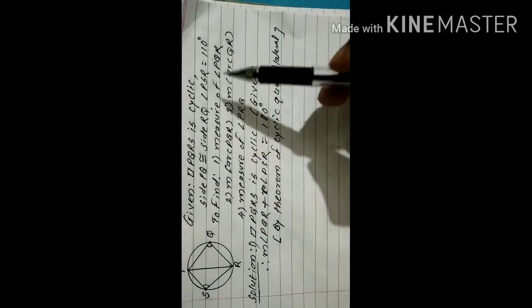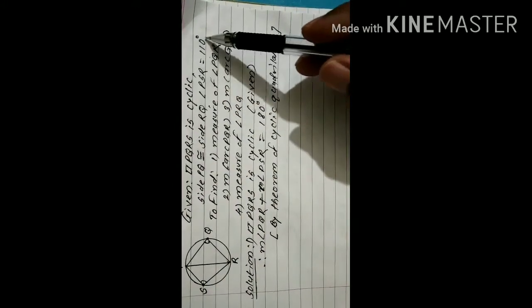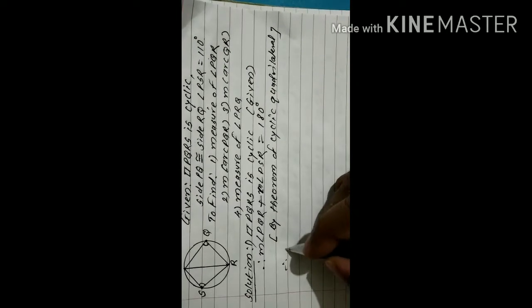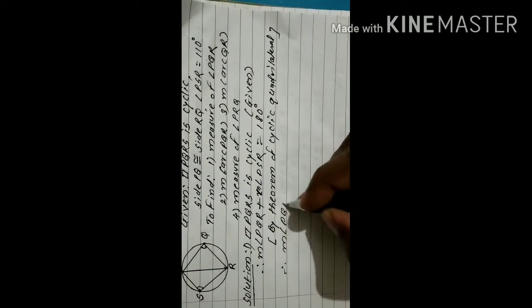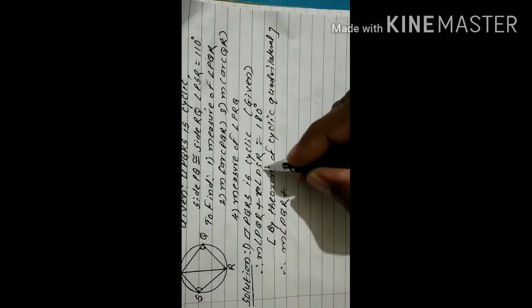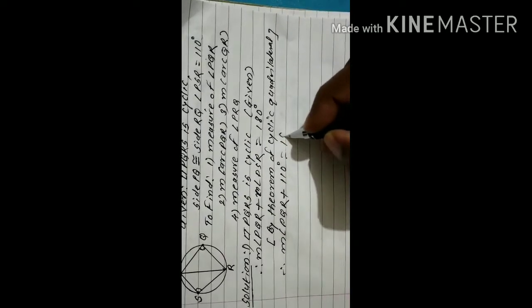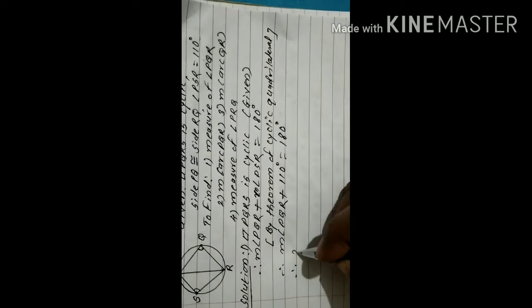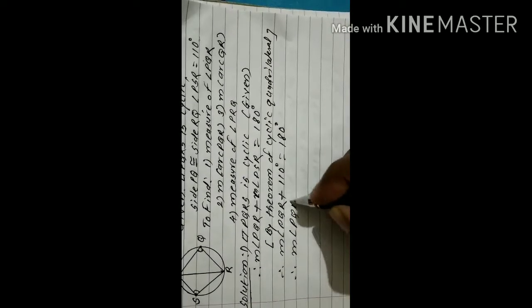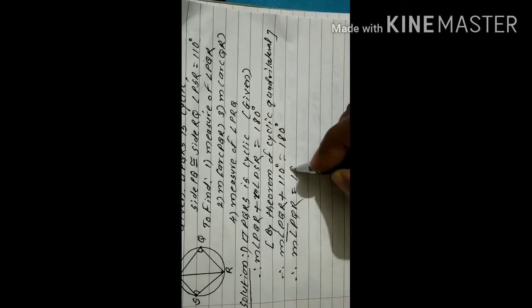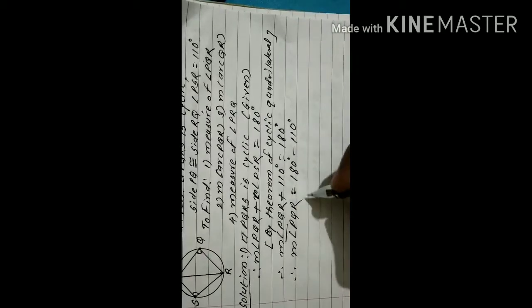Now, measure of angle PSR is 110 degrees, given. Therefore, I substitute: measure of angle PQR plus 110 degrees is equal to 180 degrees. Therefore, angle PQR is equal to 180 degrees minus 110 degrees, which is 70 degrees.